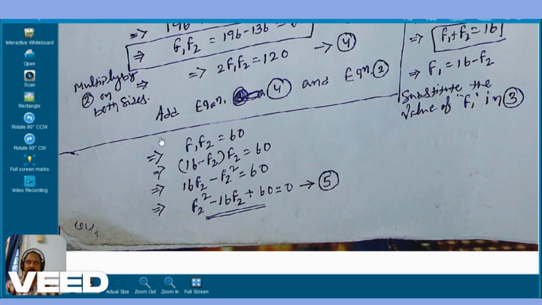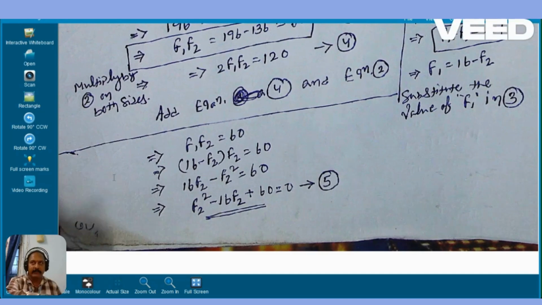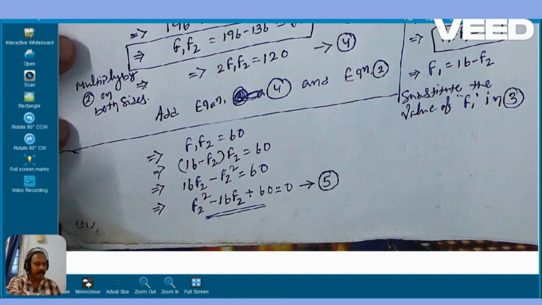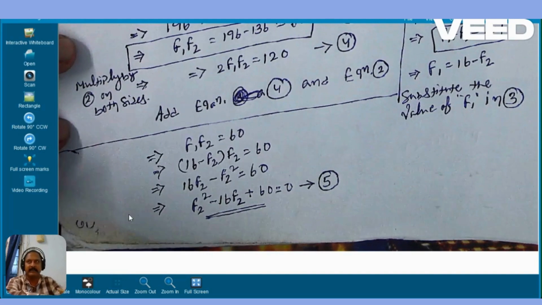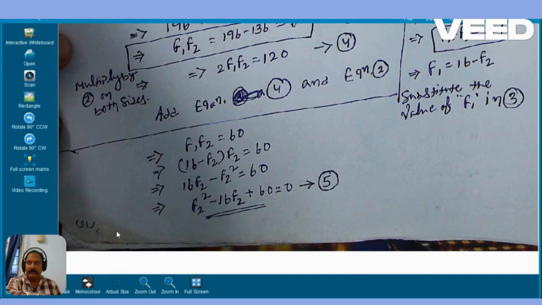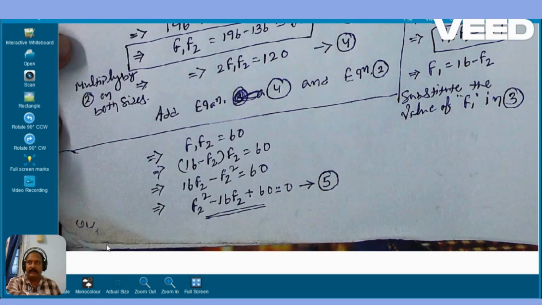Here you can see I have taken this quadratic formula calculator. It is in this format, ax square plus bx plus c is equal to 0. What is the value of a? Here x square is considered as f2 square, so the value of a is 1. The value of b is minus 16, and the value of c is 60.